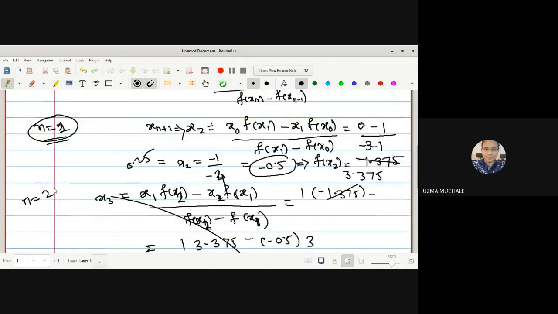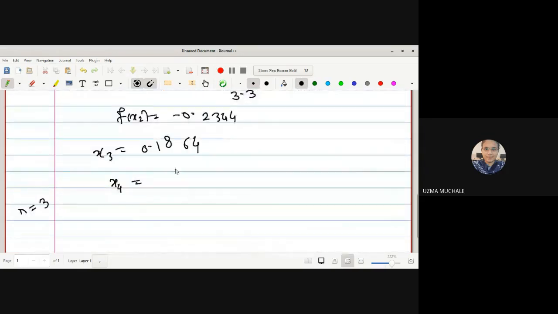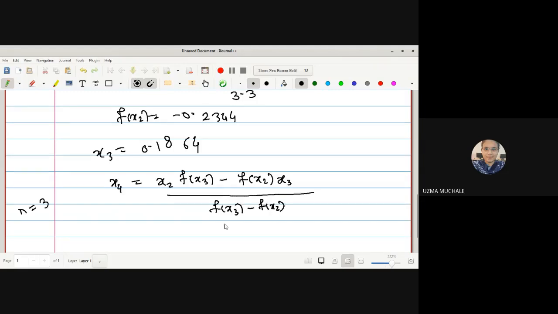Okay, for n equal to 3, you have to modify this formula and minus 1. That is x2 f of x3 minus f of x2 into x3 divided by f of x3 minus f of x2. Okay. Now put all these values and tell me the value of x4.